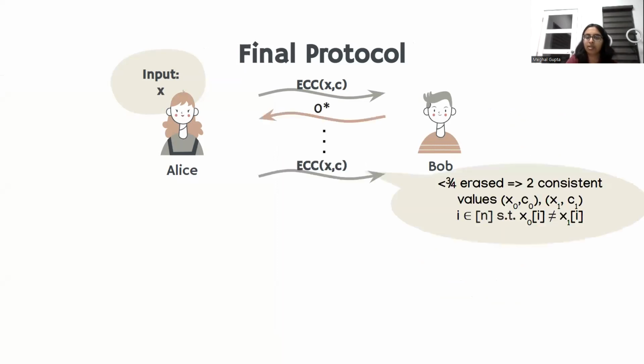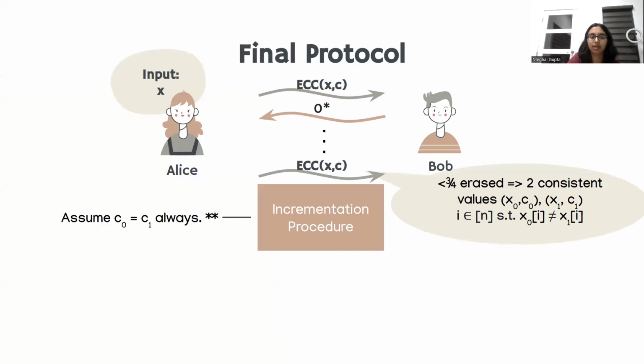She keeps doing this until Bob receives a message that is less than 3/4 erased, and therefore finds 2 consistent values, x0, c0, and x1, c1. And then we perform the incrementation procedure, assuming that c0 and c1 are always equal in every message that Bob receives that is less than 3/4 erased.